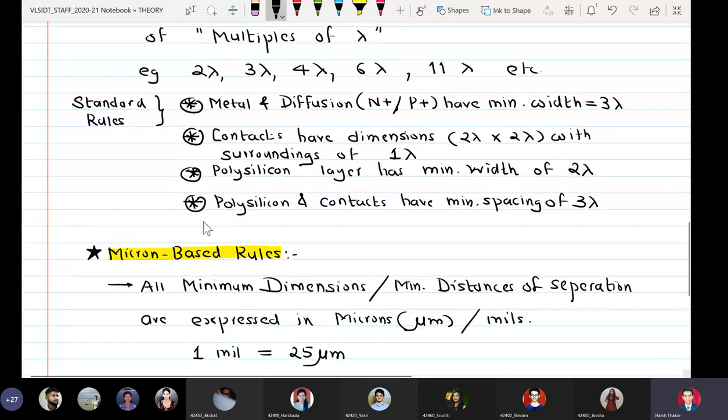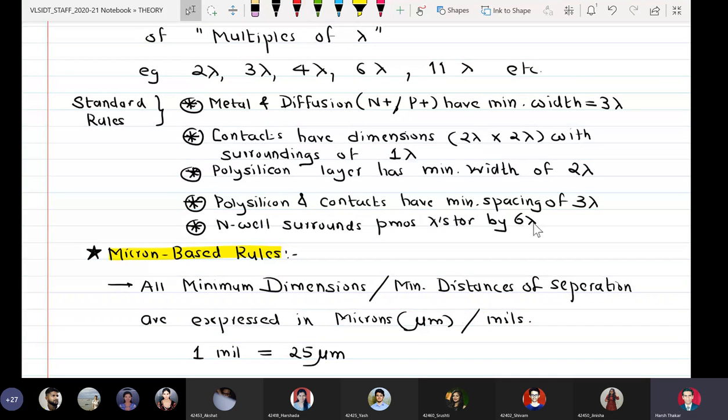And last, there are many more, but this is what we can verify in Microwind, is that n well surrounds PMOS transistor by 6 lambda. Okay, so we will see how we can appreciate this in Microwind.